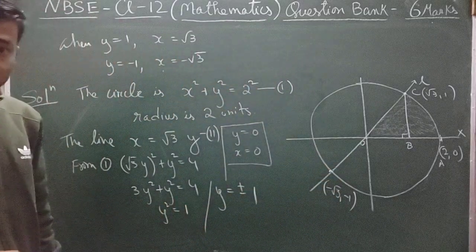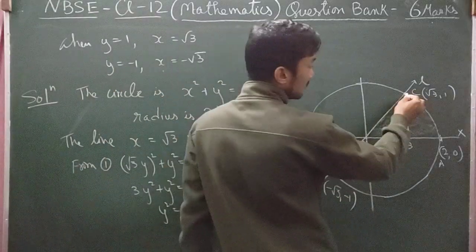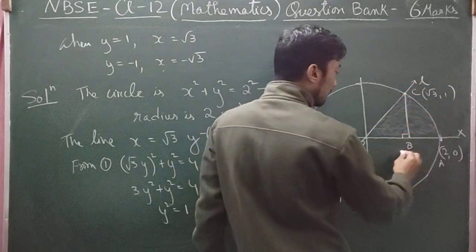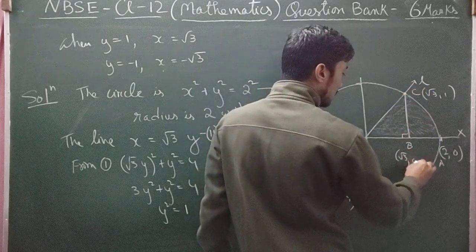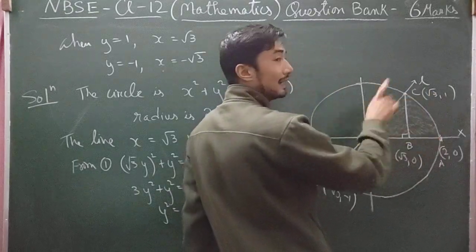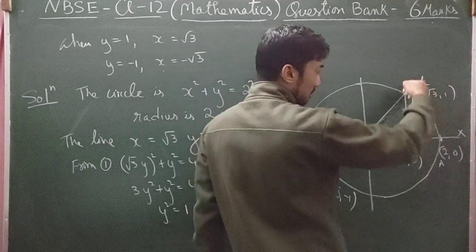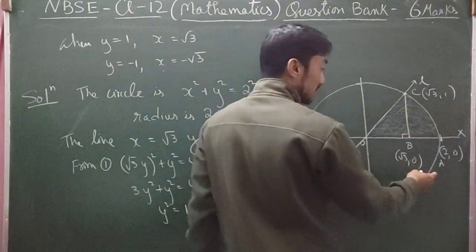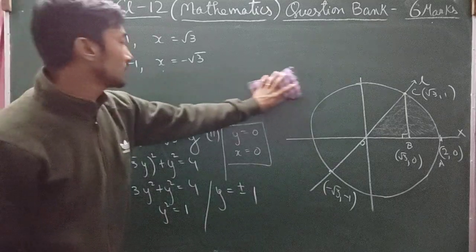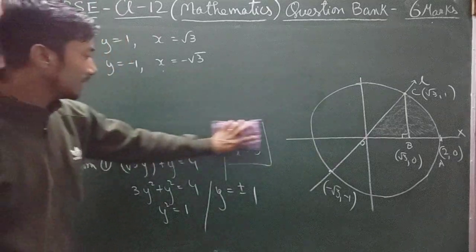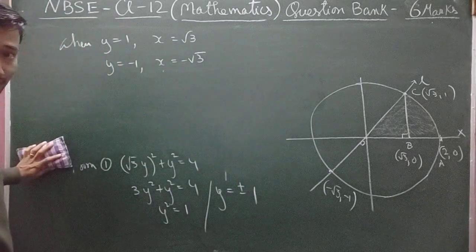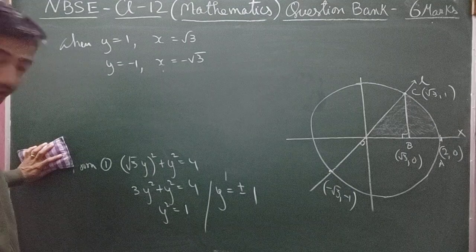So the point of intersection is solved. When we drop a perpendicular from the point of intersection root 3, 1, this point B will be root 3, 0. Now it's quite simple. Let's find the area bounded. This is done. I'm rubbing it off now. Okay, chalo.